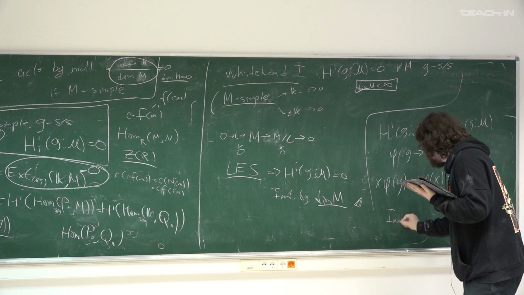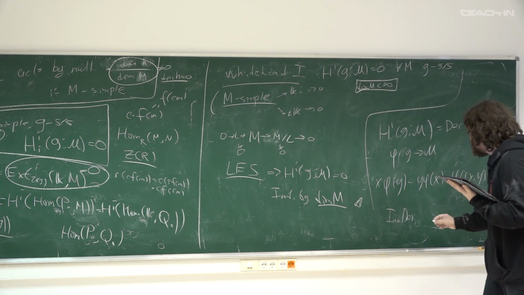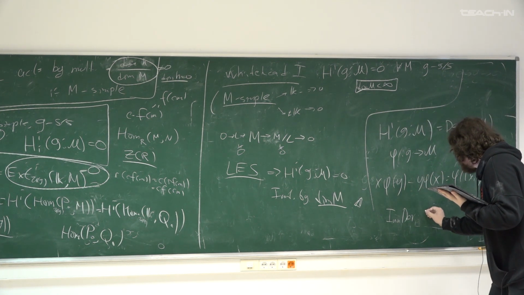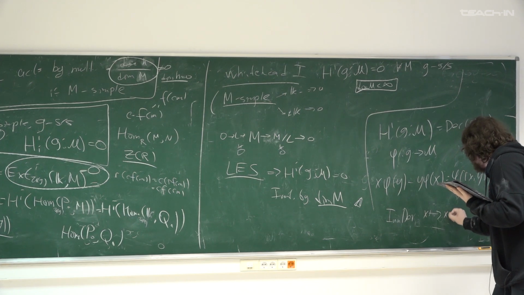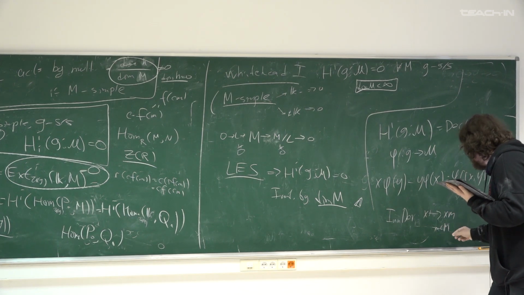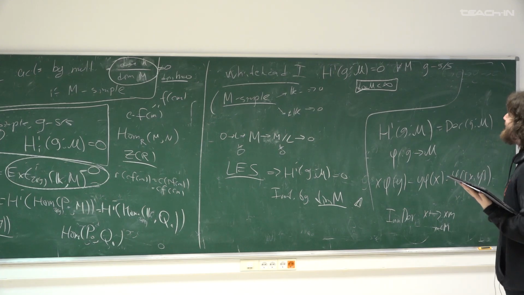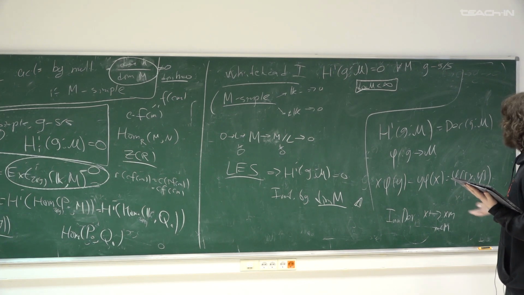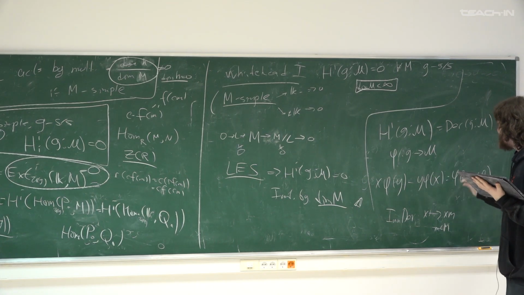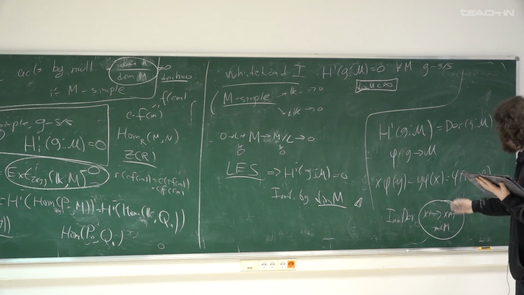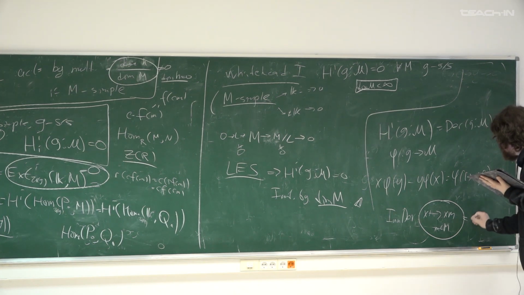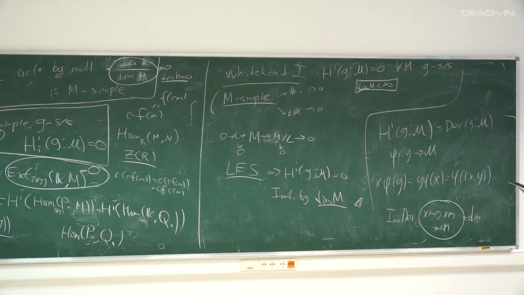Inner derivations are coboundaries of something. They are just derivations of the form x goes to x·m for fixed m. Our theorem, Whitehead's first theorem, says that over semi-simple algebras, any derivation always has this form for some m. It's just the differential of m, where m is a zero-cochain.